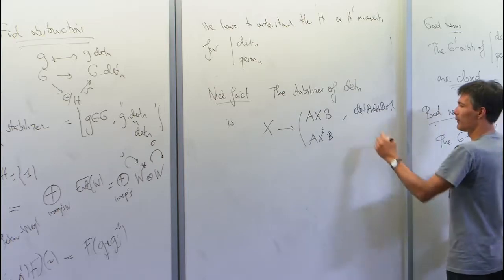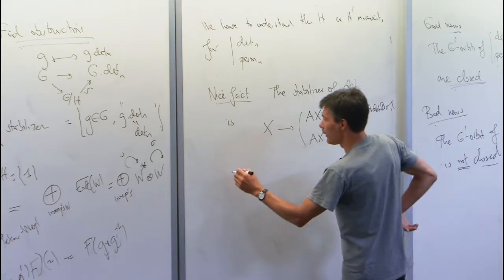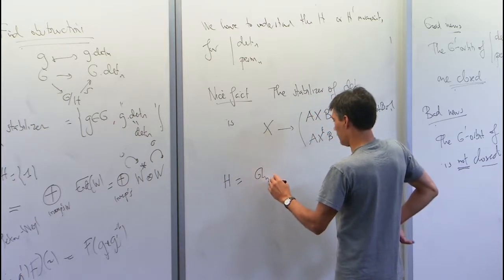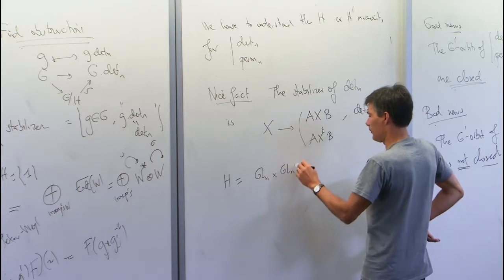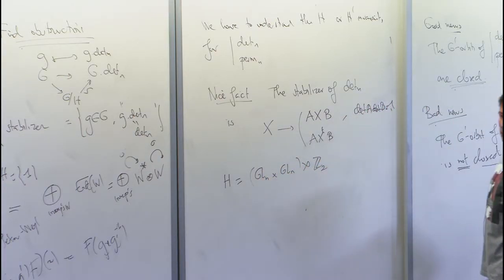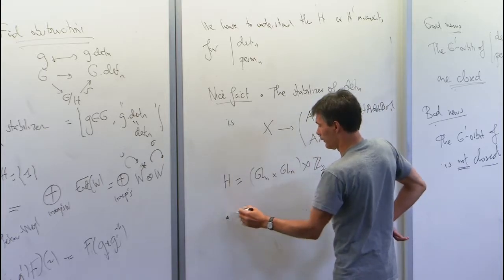It's the same with X transpose. So you see that the stabilizer, in this case H, is GLn cross GLn, product by Z2. So, nice group.